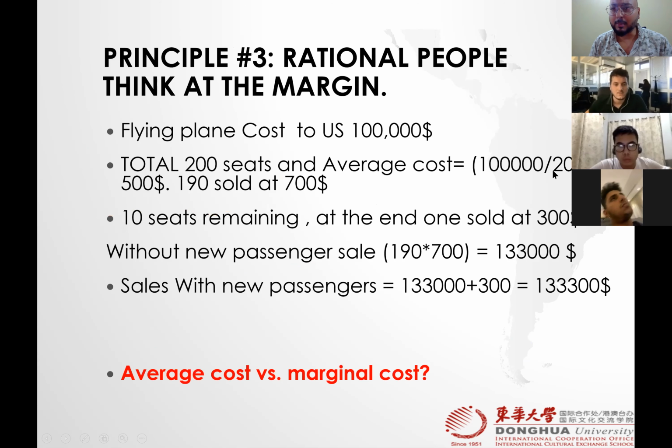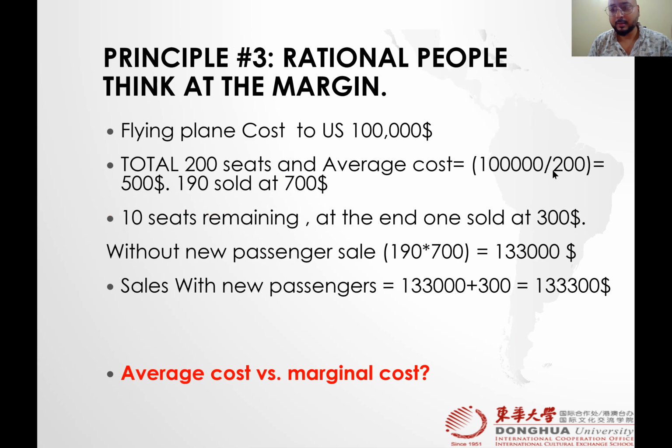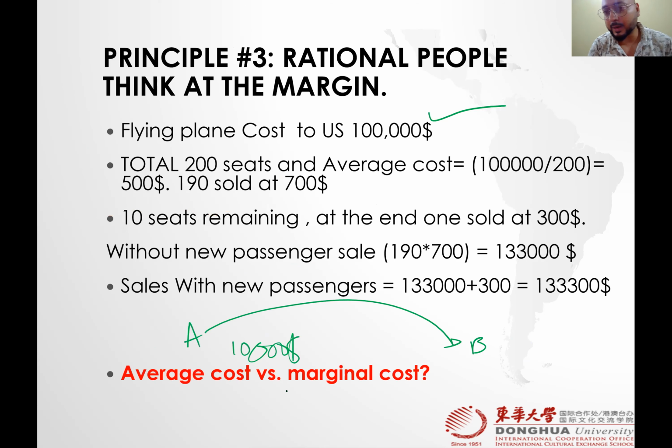So tell me one thing. A plane is flying, for example, from point A to point B, right? The flight cost is 10,000. There are 200 seats, which means the cost per seat is 500, right?